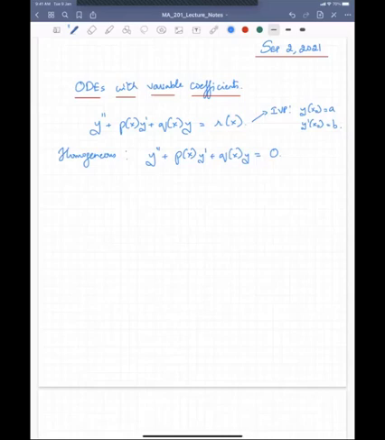And we want to understand a type of solution method called solution by power series. Or this is also called series solution method, which is what I'm used to calling it.